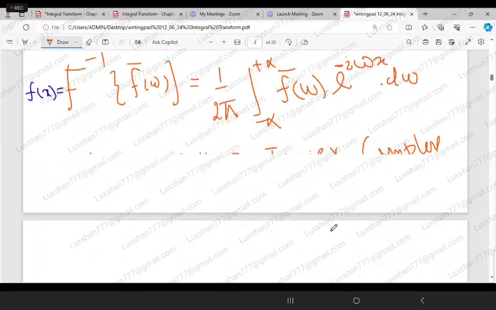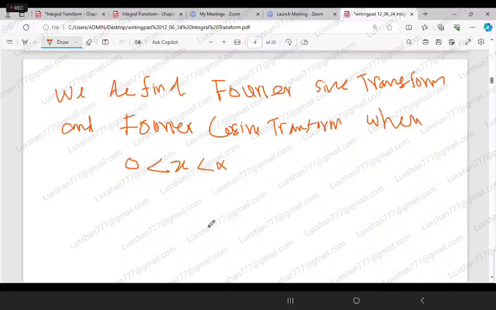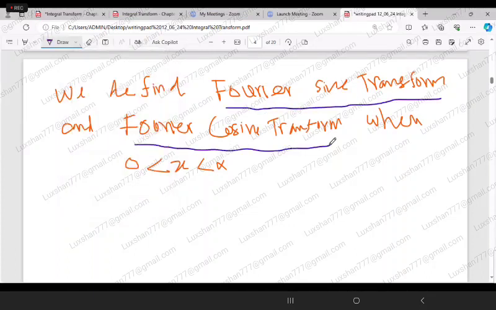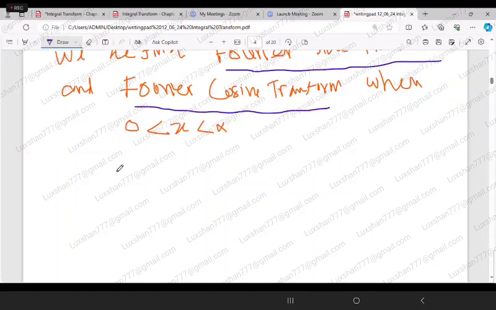Now, when the function is defined on 0 to infinity, we can define the Fourier sine transform as well as the Fourier cosine transform. So how is it defined? We are defining it this way.